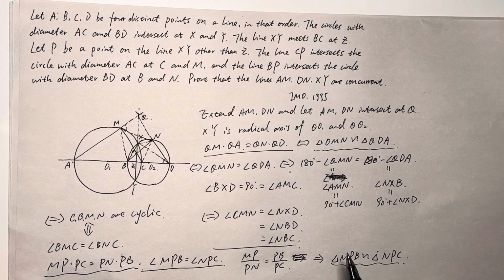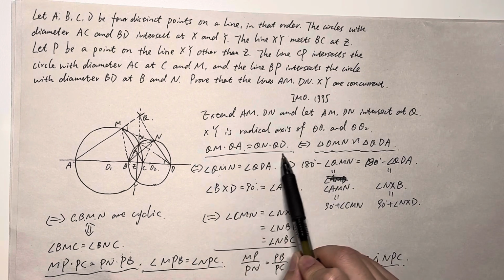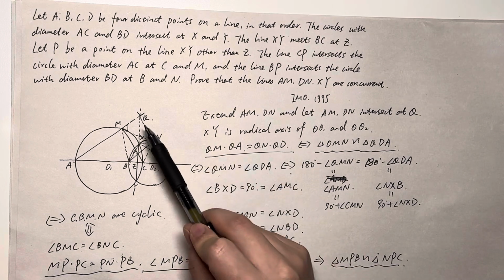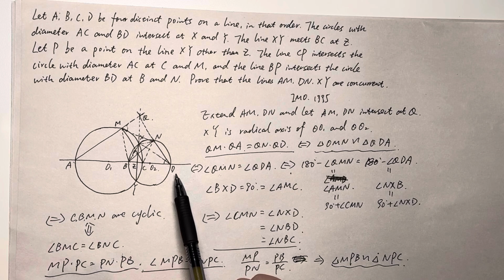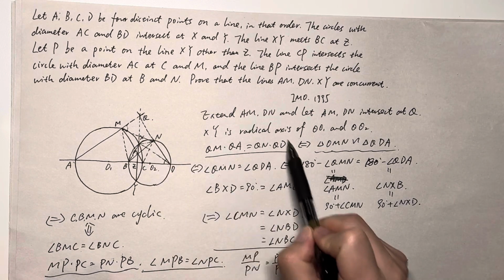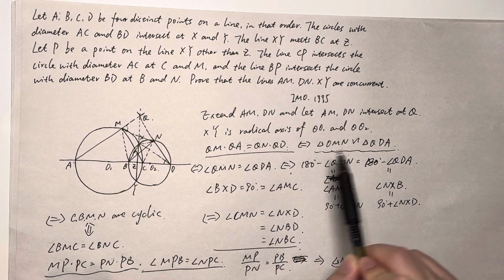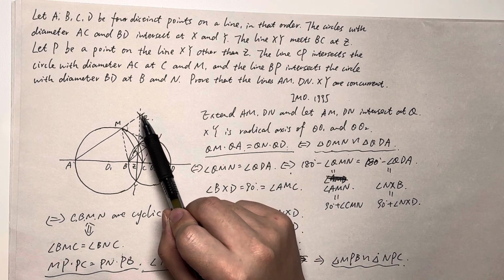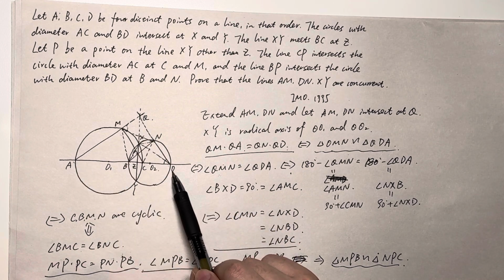It's a radical axis. So we can write down the equation that we want to prove, QM times QA equals QN times QD. Based on that, we can transfer this target to proving that triangle QMN is similar to triangle QAD, right?